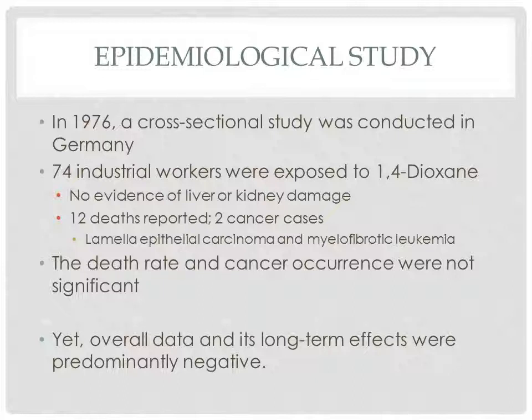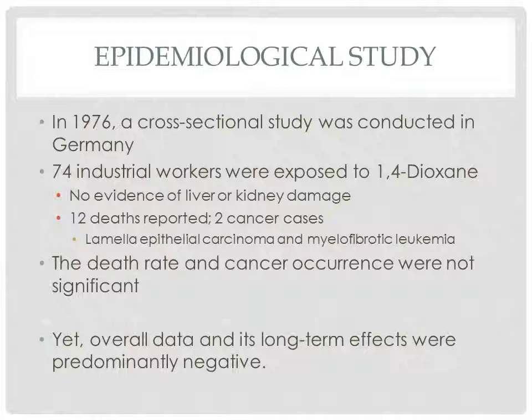Basically, they examined and followed up with 74 industrial workers who were exposed to 1,4-dioxane. In the end, there was really no evidence of liver or kidney damage. However, 12 workers were reported dead, and 2 of them had cancers as their main reasons of death. Those 2 cancers were epithelial carcinoma and leukemia, which weren't seen in any of the animal testing.